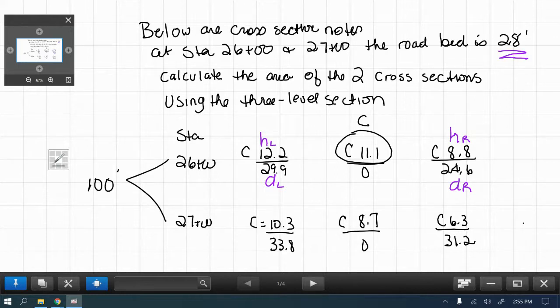I think the one online was easy because it was 100 feet. But I probably will say the final exam might not be 100, so pay attention to your stations. If it's like 26 plus 00 and 26 plus 75, that would be 75 feet. So just pay attention to the difference between the stations. And the L is always going to be the 2 outer ones.